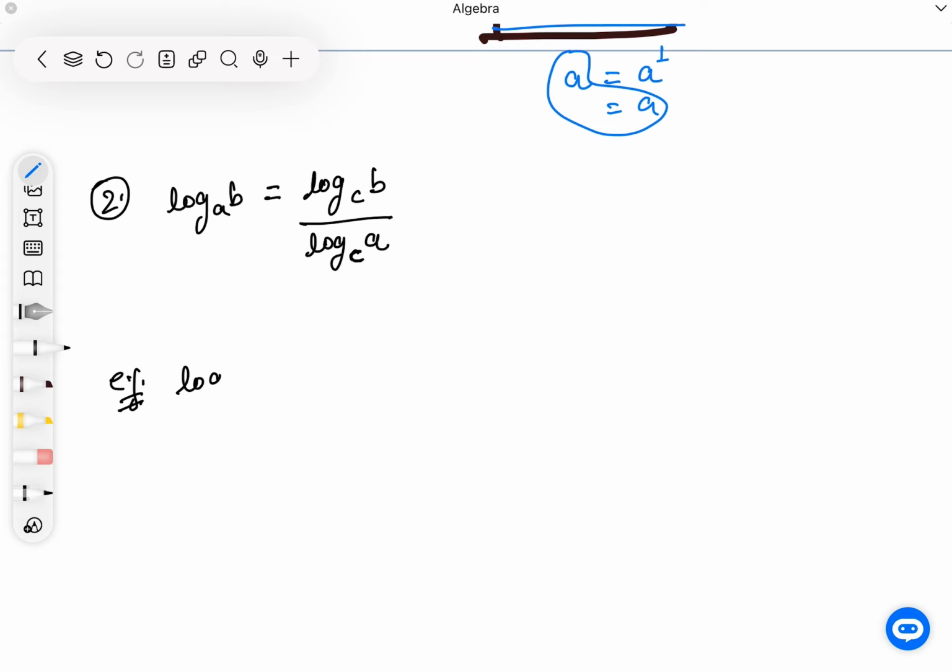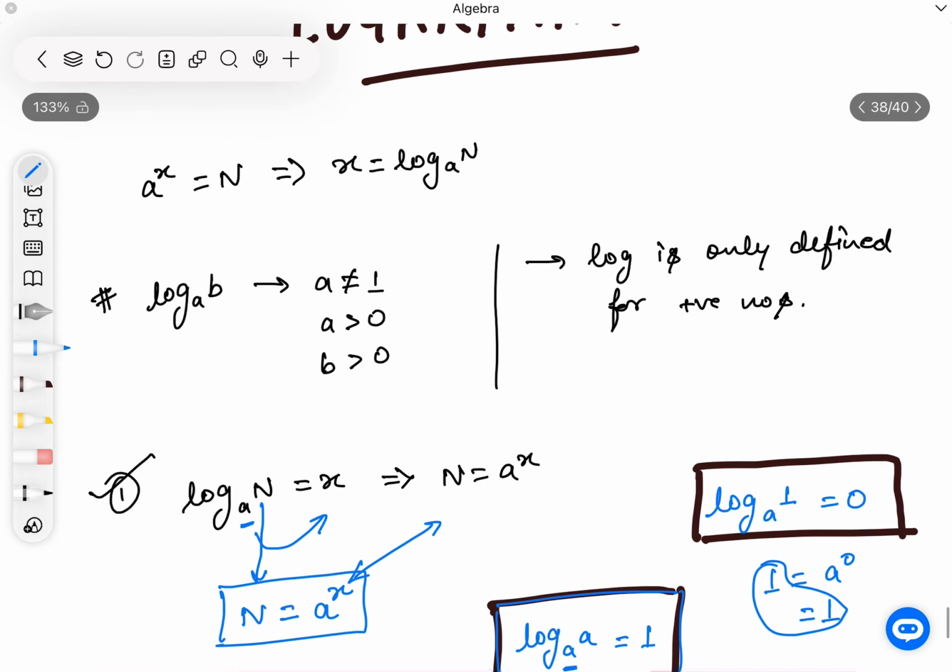Let's take an example. Let's say you are given log of x minus 2 with a base of 1 minus x, and you need to find x. Now how do you find that? Let's see. I told you that in this particular case, a cannot be 1, a has to be greater than 0, and b has to be greater than 0.